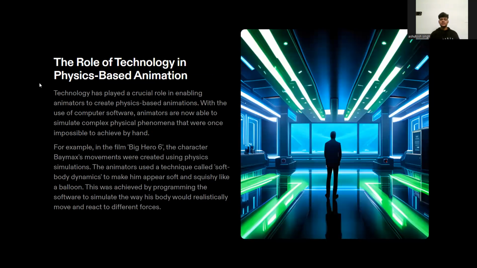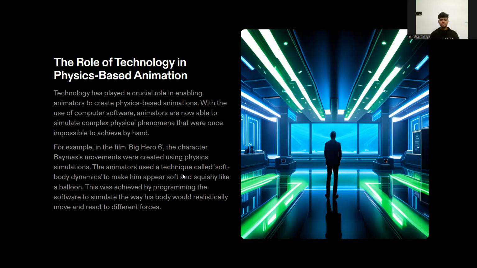The role of technology in physics based animation. Technology has played a crucial role in enabling animators to create physics based animation. With the use of computer software, animators are now able to simulate complex physics phenomena that were once impossible to achieve by hand. For example, in the film Big Hero 6, the character Baymax's movements are created using physics simulation.